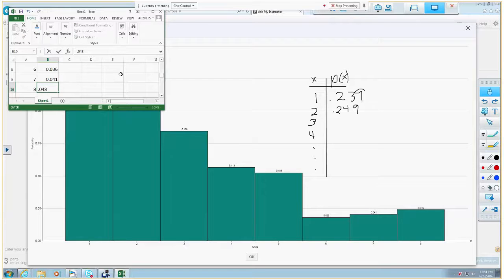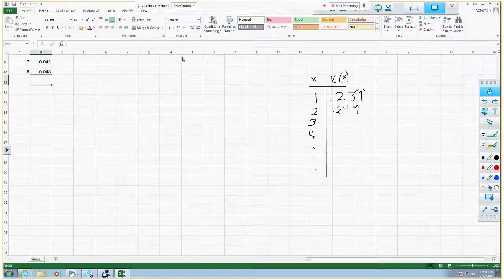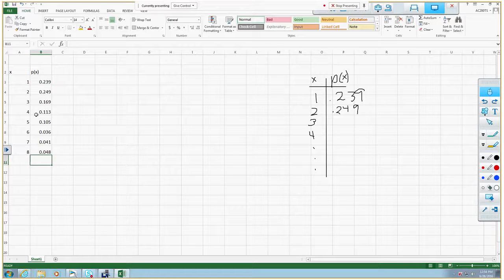Everybody with me? All right, now I got it in a table form.